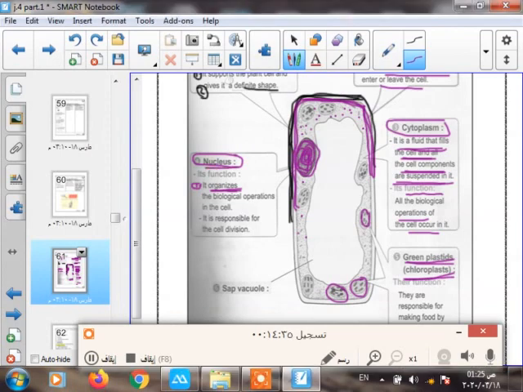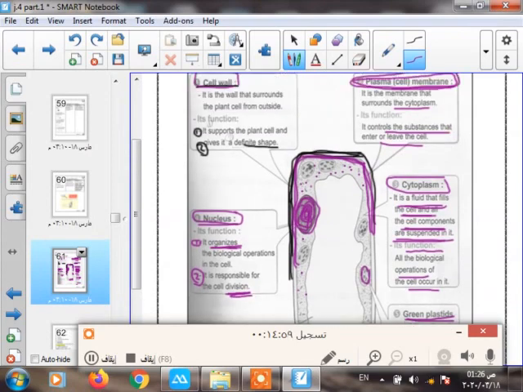It organizes all biological processes inside the cell. And it is responsible for cell division, making new plant cells. Is it easy?